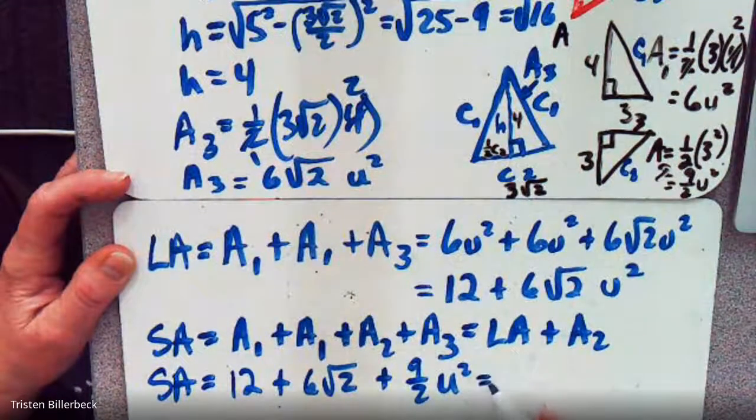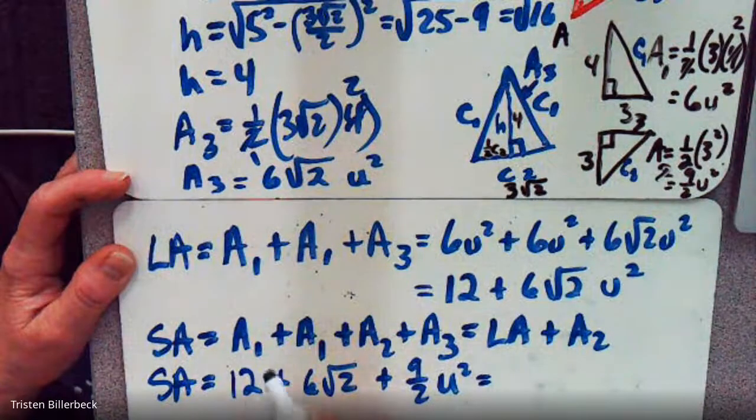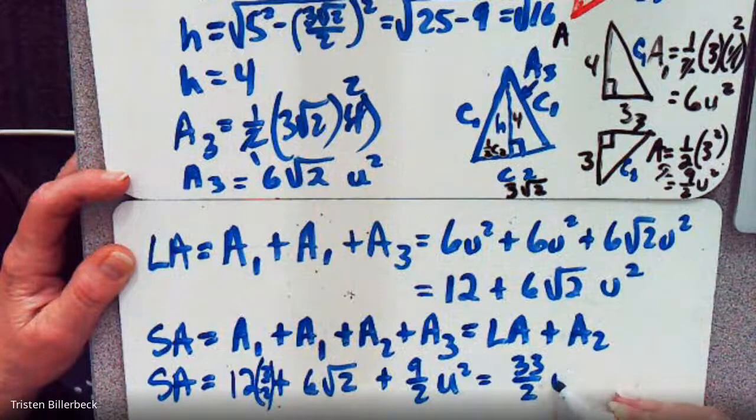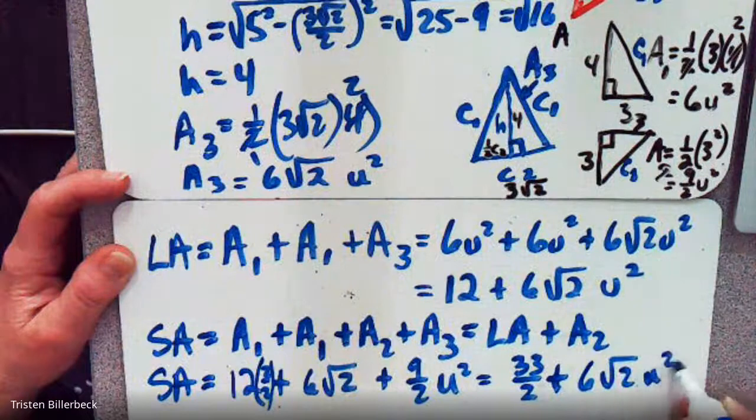So that's 24. If we multiply this by 2 over 2 to get a common denominator, we have 24 plus 9 is 33 over 2 plus 6 square root of 2 units squared.